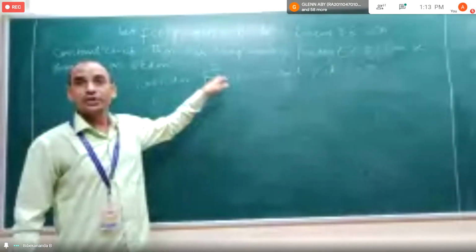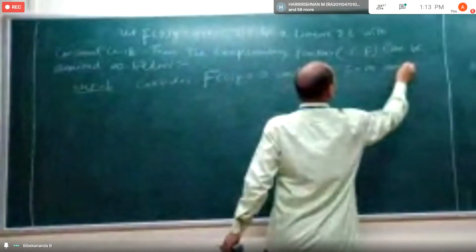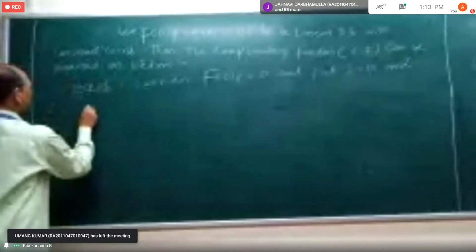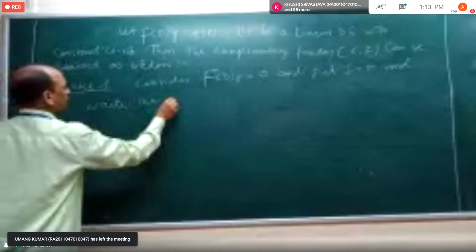Wherever d is there, you replace the d by m and write the auxiliary equation.